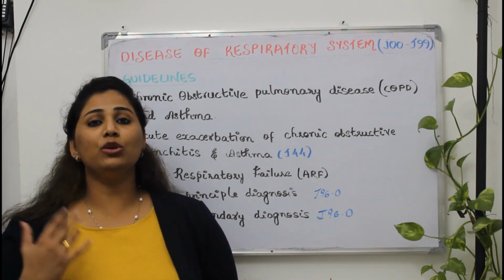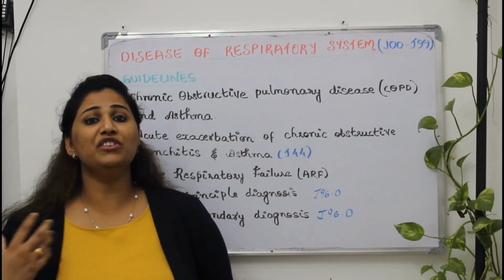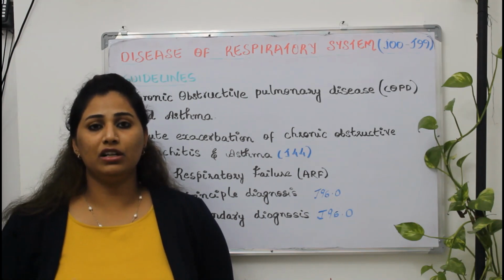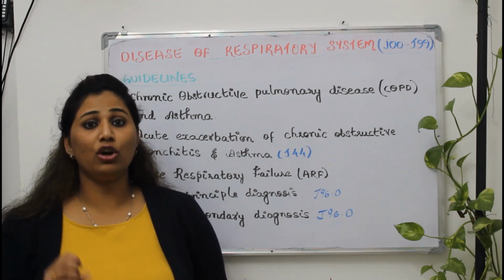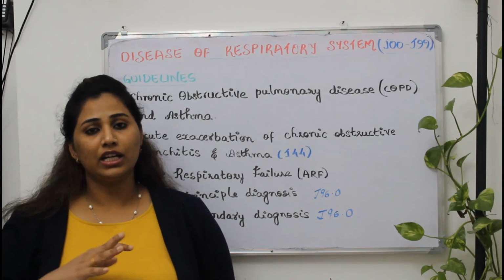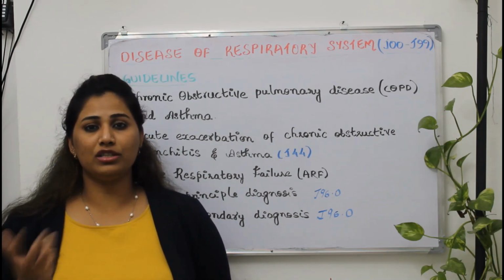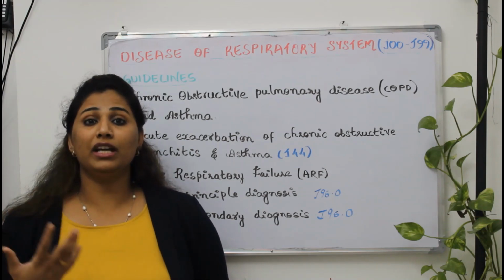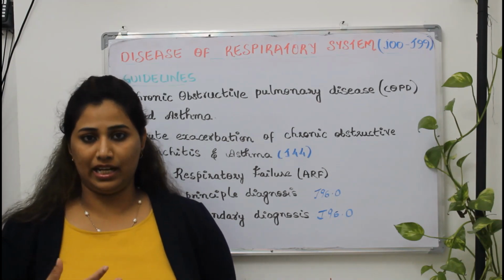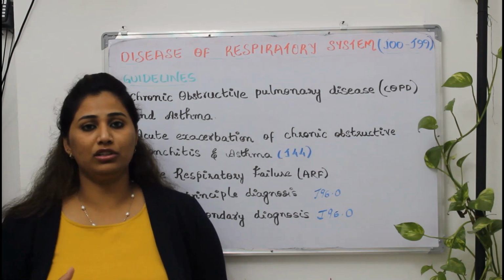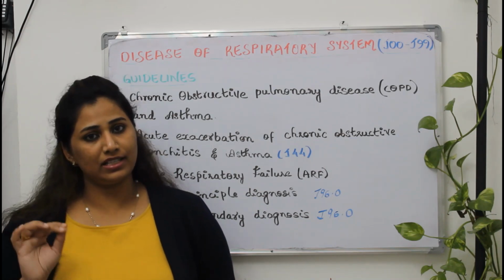So acute exacerbation means due to some triggering factors. For example, if the patient has asthma and was on long-term treatment, currently the condition is settled. But sometimes when the weather changes or some dust particle enters, they may get a sudden asthmatic attack, isn't it? This particular thing is known as acute exacerbation.